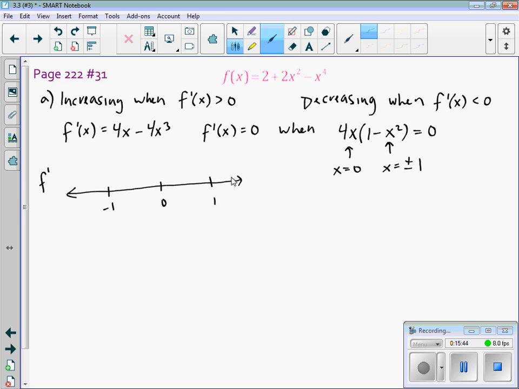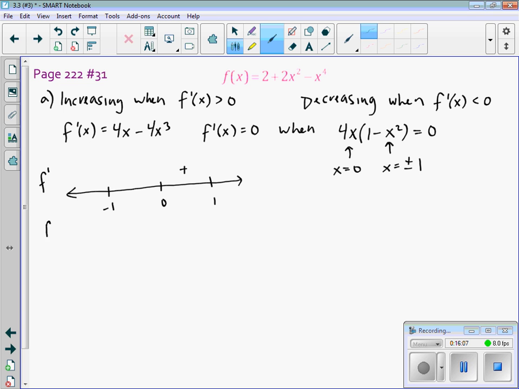Okay, so let's start with positives, between 0 and 1. I always try to plug into here rather than plugging into here because it's easier. So if I plug a half into here, is this positive or negative out front? Positive. And inside here, if I plug in a half, it's going to be positive. So this part's positive.